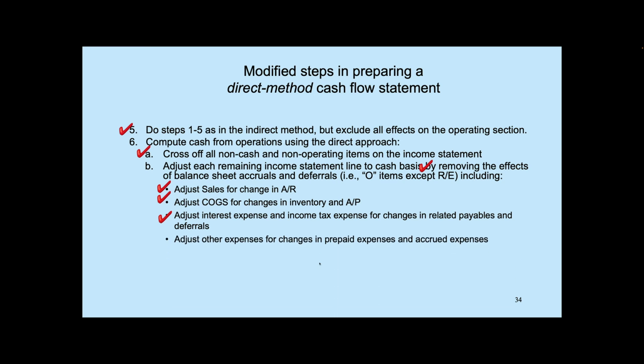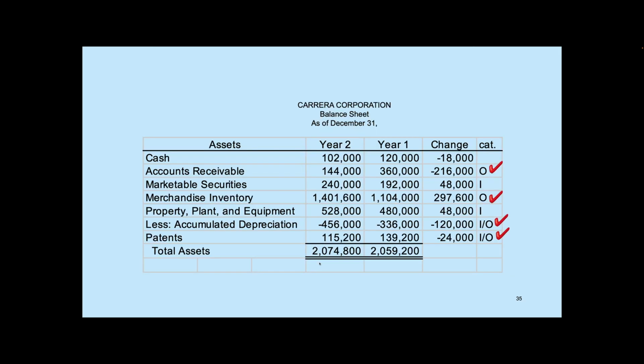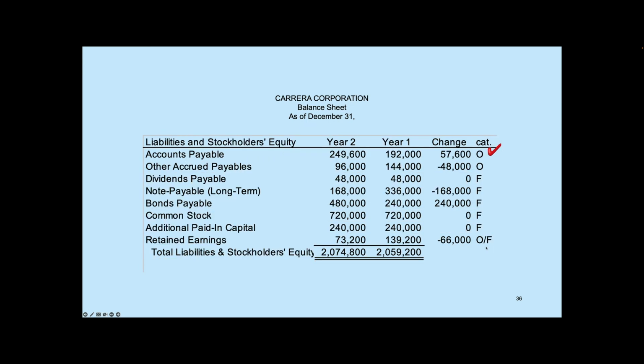Now we're going to adjust for other expenses, for changes in prepaid expenses and accrued expenses. Let's take a look. Everything on the asset side with an O is now checked off, so we don't have to worry about the assets anymore. On the liability side, we have already checked off accounts payable and retained earnings.